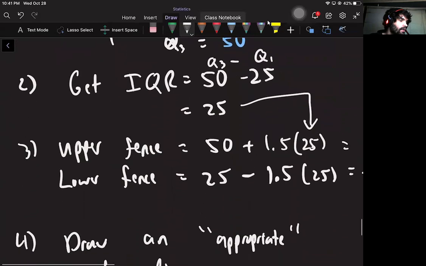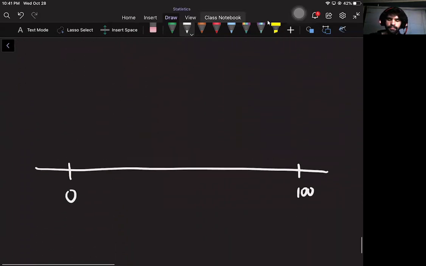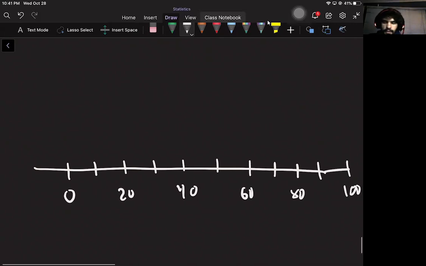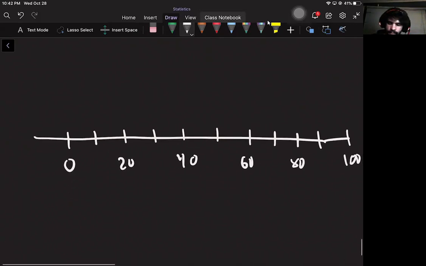And then I'm going to count in intervals of 10 because you don't want it to be too small or too big. So that seems just right. So 10, 20, 30, 40, 50, 60, 70, whoops, I need more room. 80, 90, 100. So this will be 20, 40, 60, 80. Okay, good. So that's the next step, the number line.